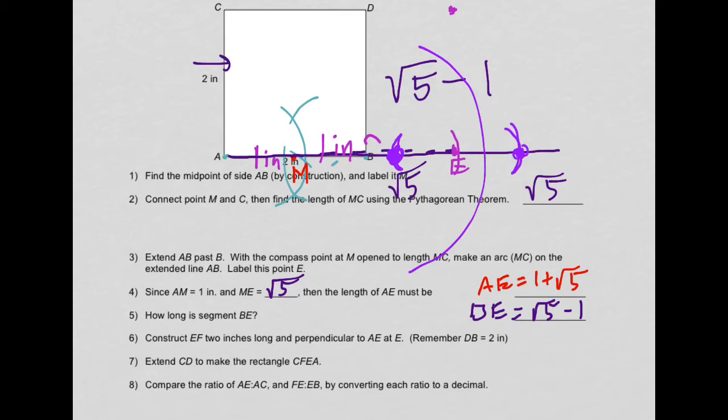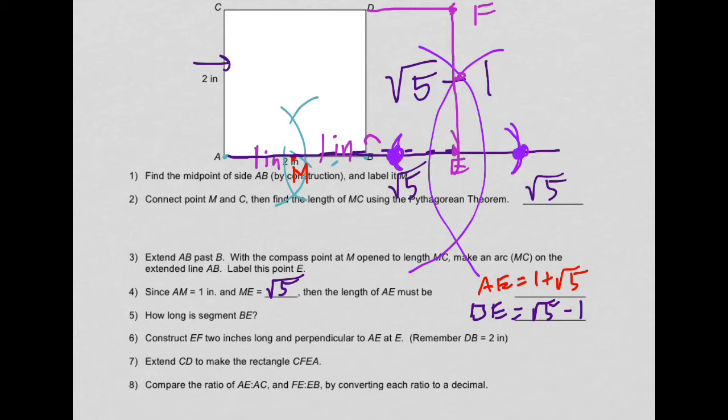From this point, you swing that compass around that way, and then you're left with this line that ideally would go through this point right here. But like I said, this is just a drawing, so it's going to be very imprecise. Well, this is our F. We're going to extend our CD line over to F there.